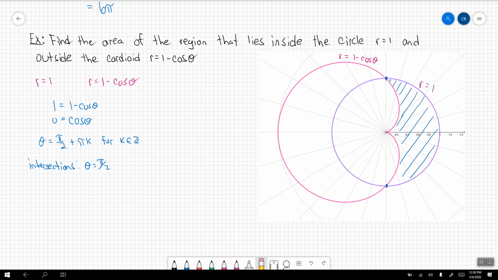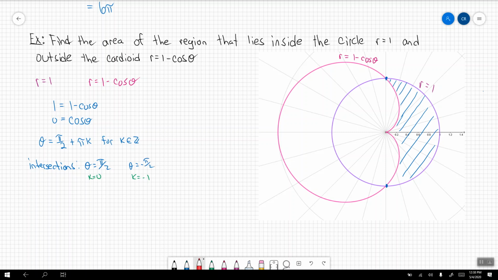If we want it to be increasing, how about we go for our k values? If k was 0, we got pi halves. What if we try k equal to -1? If k is -1, that gets us a different theta value: pi halves minus pi, which is negative pi halves.